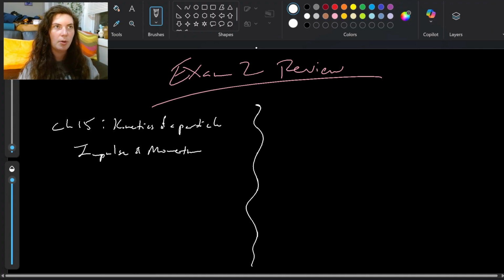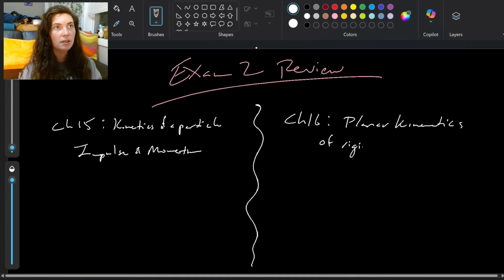This kinetics of a particle, specifically on our impulse and momentum subjects, but then also chapter 16, where we've been talking about planar kinematics of rigid bodies.